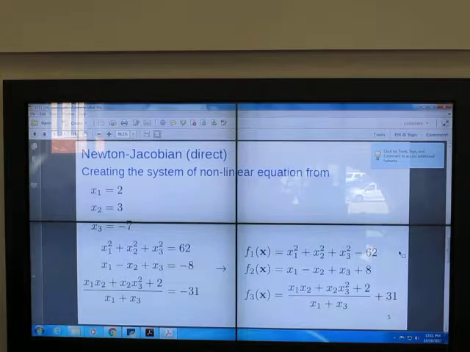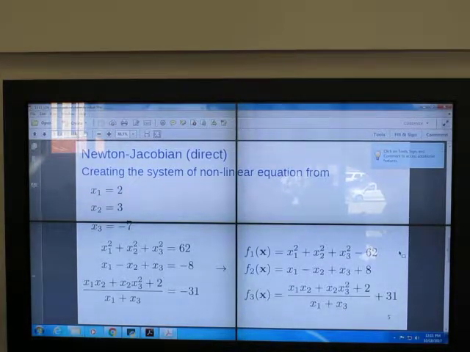I'm creating the problem, so I know the answer. The answer is x1 equal to 2, x2 equal to 3, x3 equal to minus 7. Okay. Equation 1, x1 squared plus x2 squared plus x3 squared. Equation 2, x2 minus x1 plus x3. Equation 3, just like that. Okay, now I have to create f1, f2, f3.